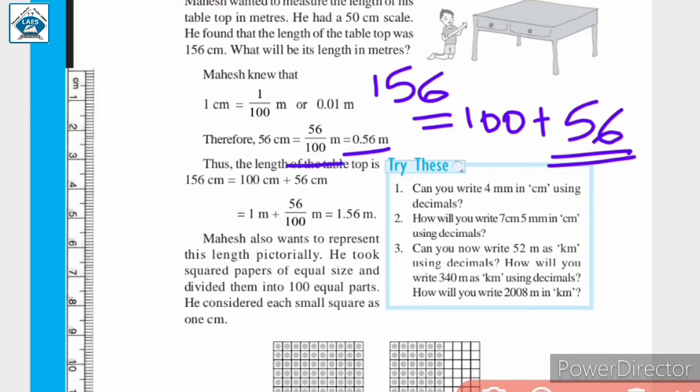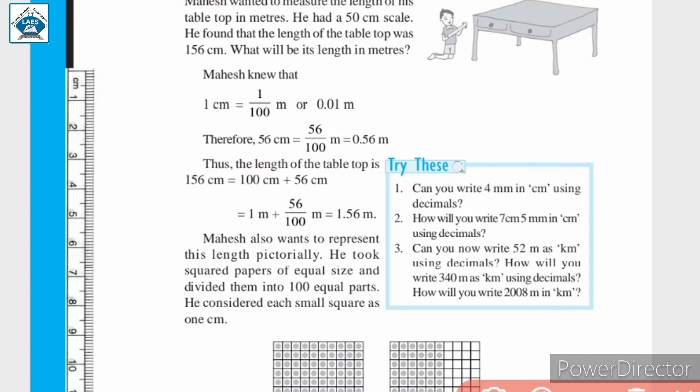56 divided by 100. Okay. Thus the length of the tabletop is 100 plus 56 सेंटीमीटर, और 100 सेंटीमीटर को डिवाइड बाय 100 करेंगे क्योंकि कन्वर्ट करना है मीटर में. Just like we did for 105 rupees, this will become 1. ठीक है, क्योंकि 100 सेंटीमीटर जो है वो 1 मीटर है.